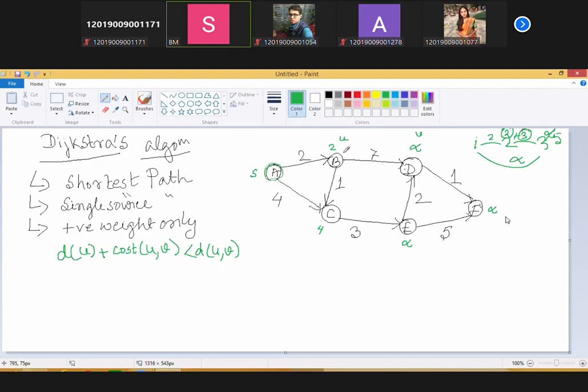If this distance, that is distance of U, meaning distance of a particular node from the source A, plus the cost, say this 7, is less than the distance of V, meaning from here to here, whatever the distance initially was, then that will be updated. If this is less, then this will remain.